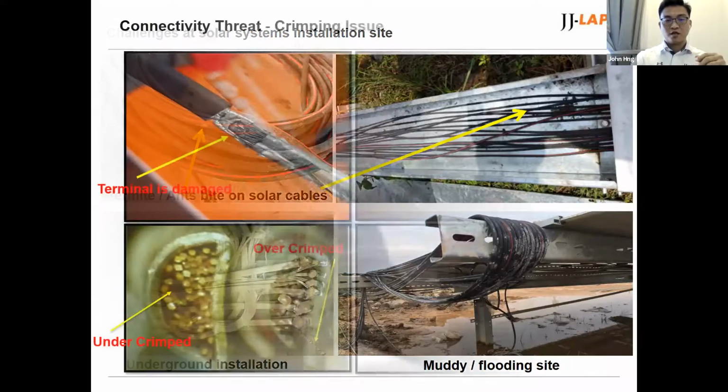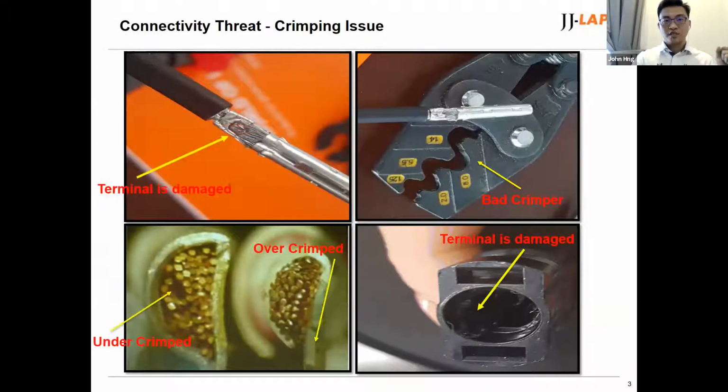We are also looking into connectivity threats, such as crimping issues. You can see here that the terminal has been badly damaged due to applying the so-called normal universal crimper.